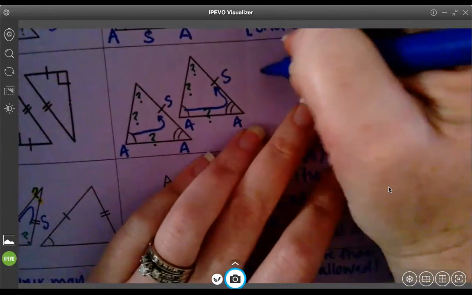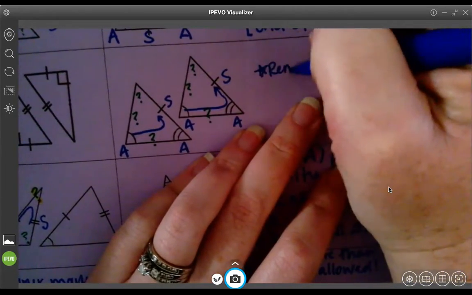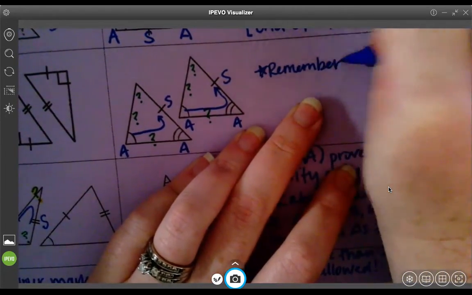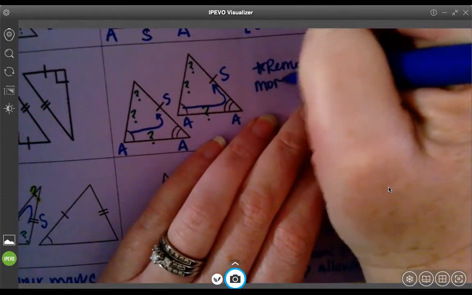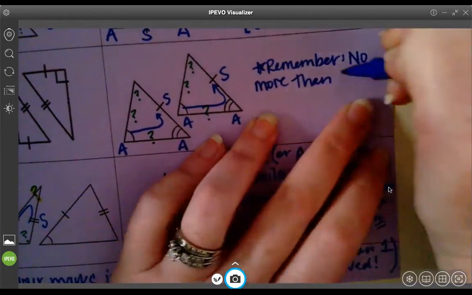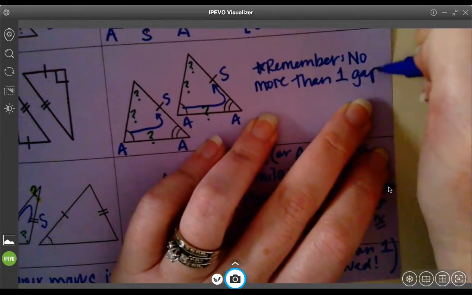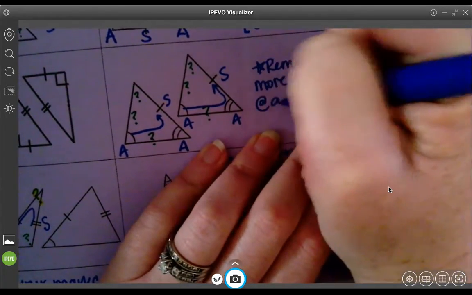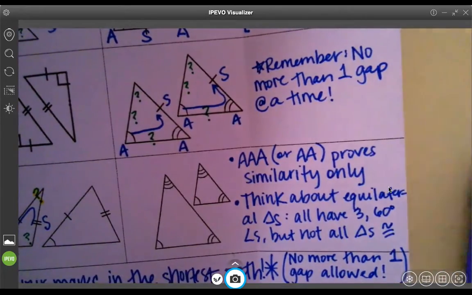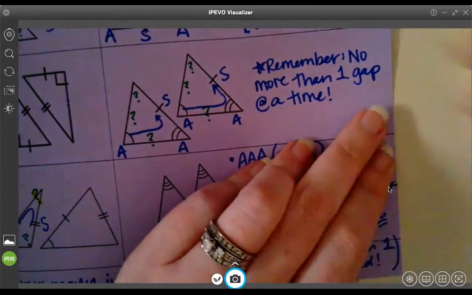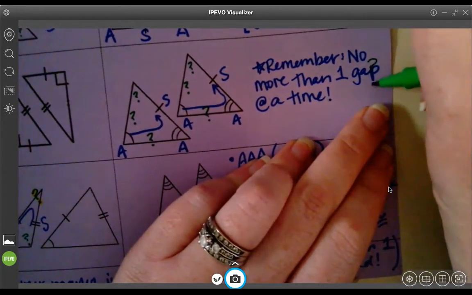So we're just going to put another little reminder over here. Remember, no more than one gap at a time. Okay. And your gaps are your question marks.